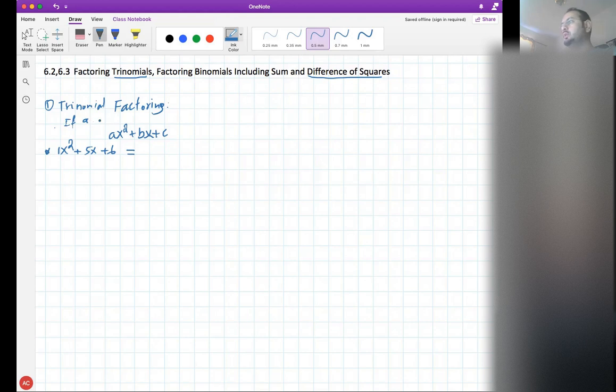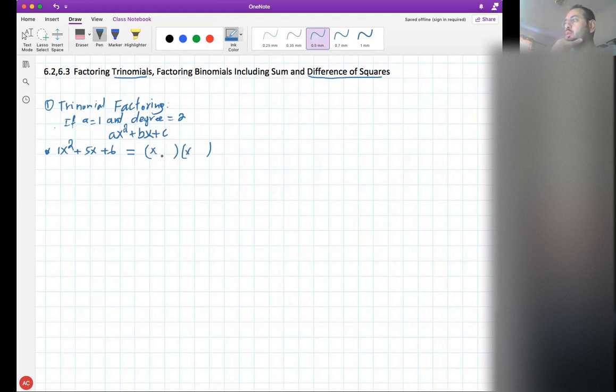So if a is 1 and the degree of the trinomial equals 2, and it's a trinomial, only if these two conditions are met, then we can turn this immediately into two sets of parentheses like this. Even though we don't have a common factor, we can start this by writing two sets of parentheses.